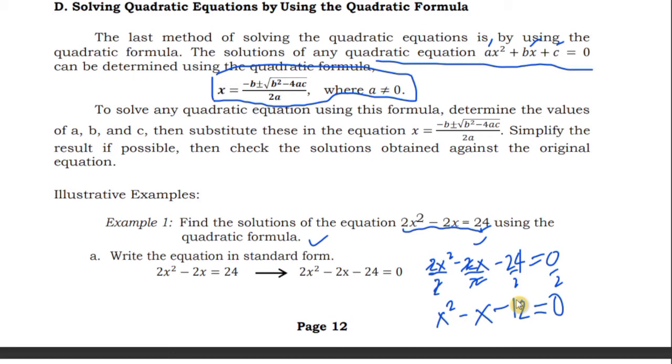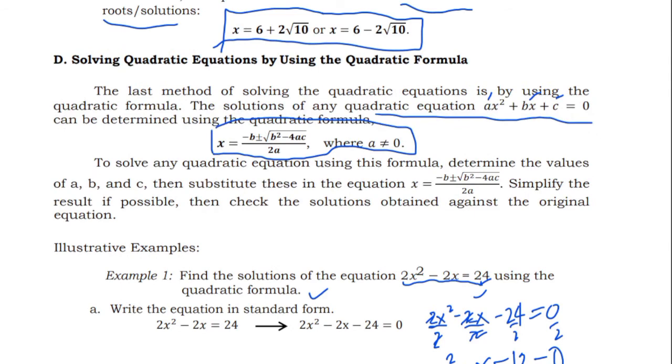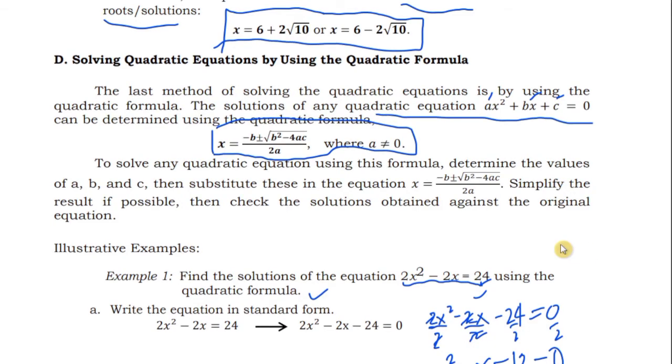As we use the given quadratic formula, we now have the value of our a as 1, the value of our b as negative 1, and the value of our c as negative 12. With the quadratic formula, x is equal to negative b plus or minus the square root of b squared minus 4ac, all over 2a.